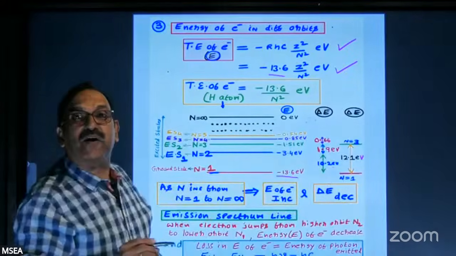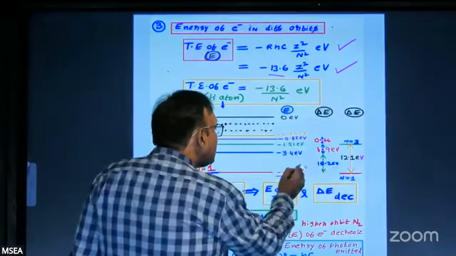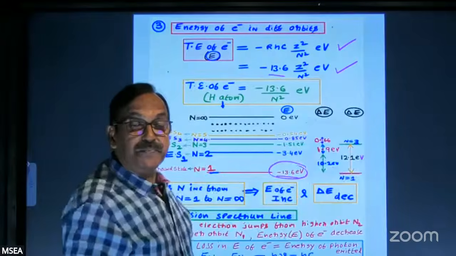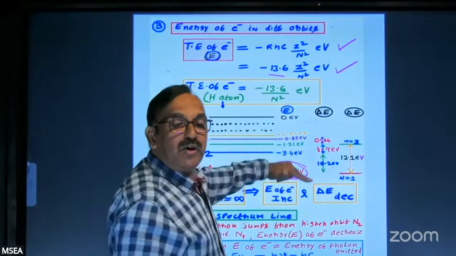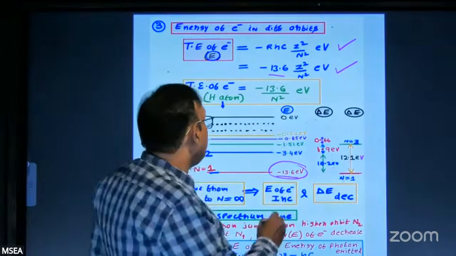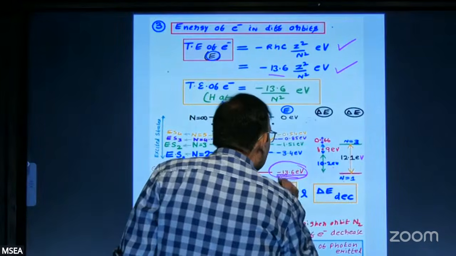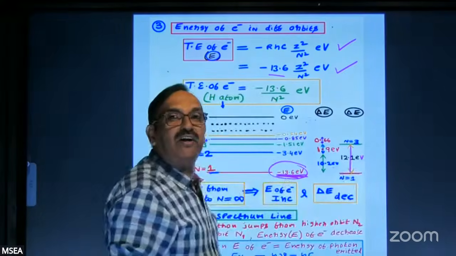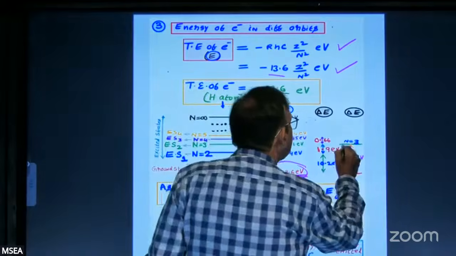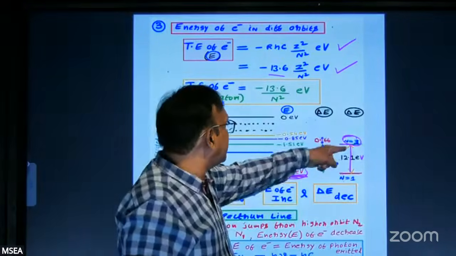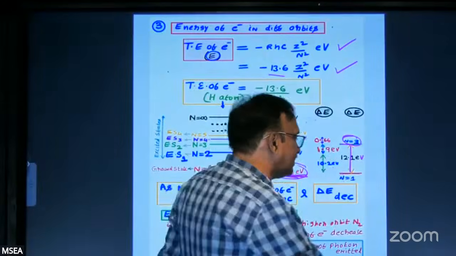Suppose the electron in the hydrogen atom has an energy of minus 13.6 eV. You have to remember and practice these energies. When this electron having the energy of minus 13.6 eV absorbs 12.1 eV of energy, directly it jumps to what state? The third state. From minus 13.6, it will jump to the third state.